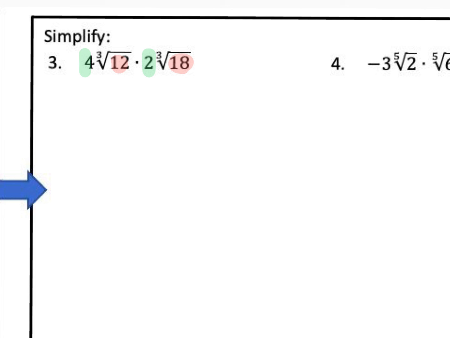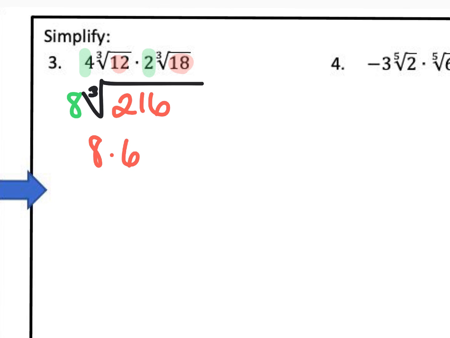So 4 times 2 would be 8 times the cube root of 12 times 18 is 216. So now we're looking at 216 and trying to find a perfect cube that goes into 216, and hopefully you recognize that as a perfect cube. It is 6. So this would just become 8 times 6, which is 48.